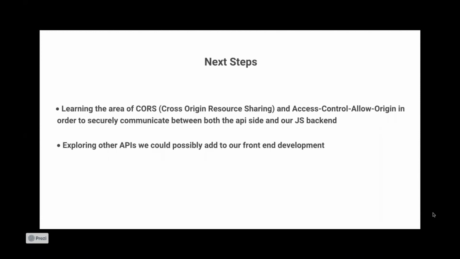So definitely the next step is to understand how to overcome this CORS, or cross-origin resource sharing, issue, as well as access control allow origin. I believe that once we learn this aspect of proxies, web development, and securely getting information, that will let us go to the next step in terms of completing the application and actually getting the emails. So for now, we are definitely trying to learn this new aspect of web development.